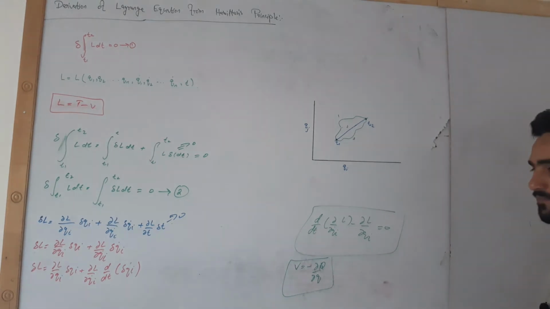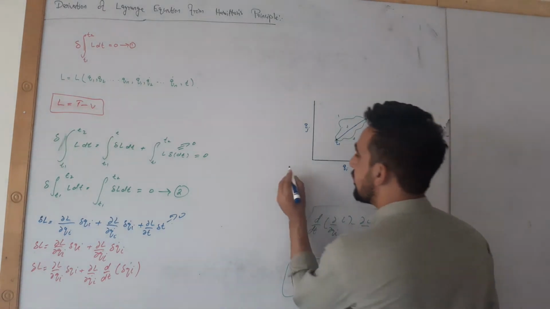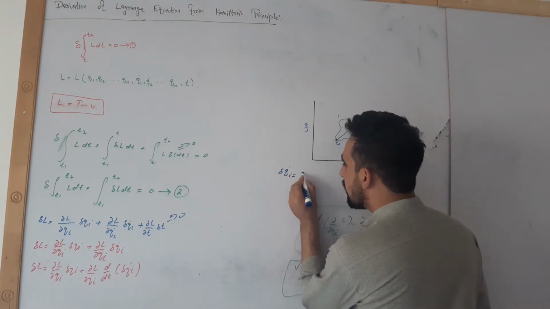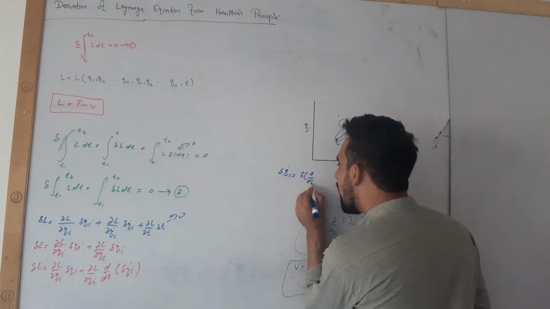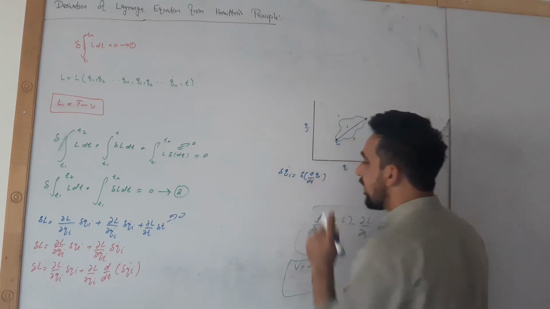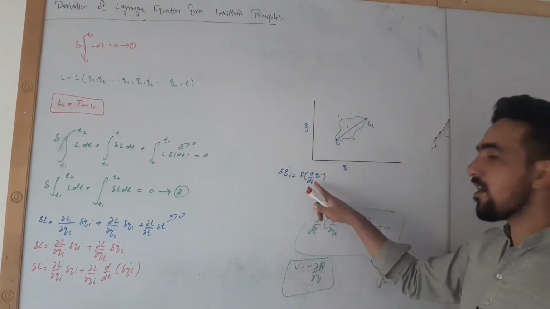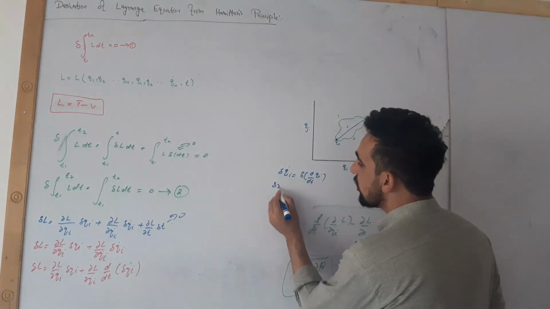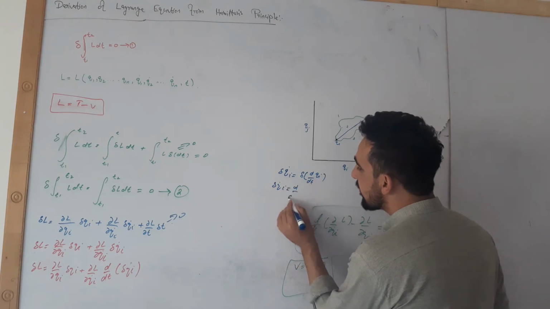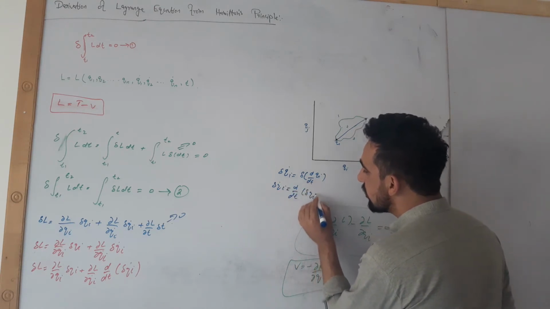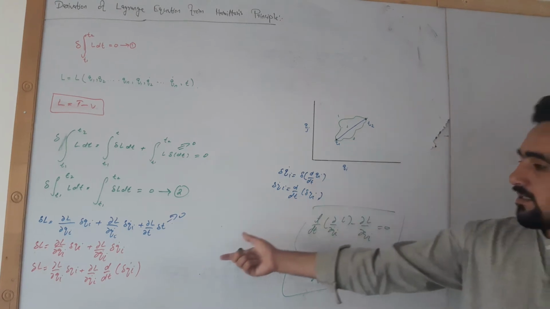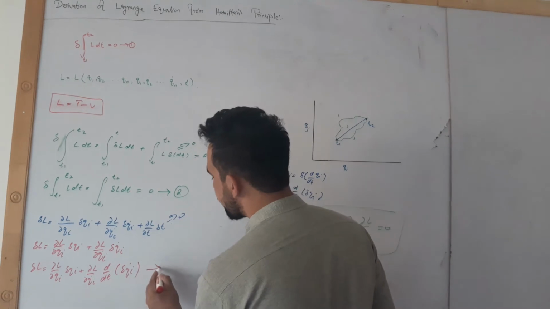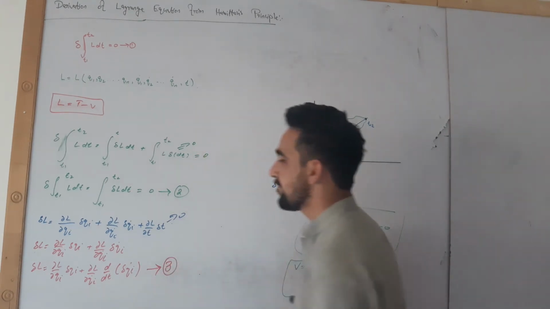This is because δq̇i is equal to δ of d/dt of qi. Now d/dt and δ are commutative, which means δq̇i is equal to d/dt of δqi. Let us call this our equation number 3.